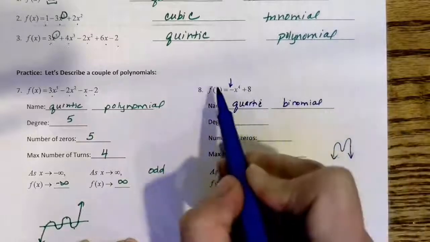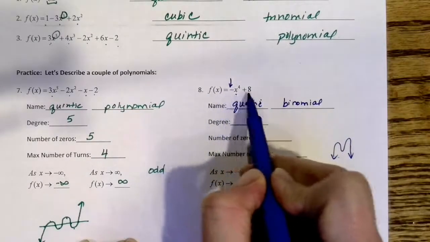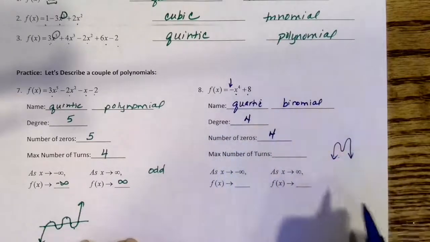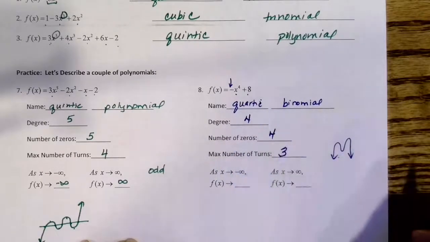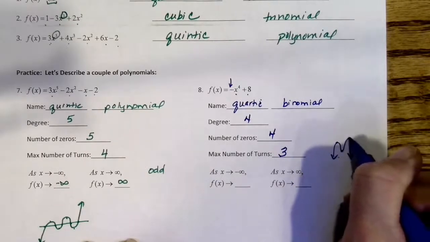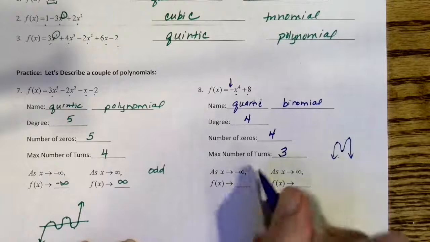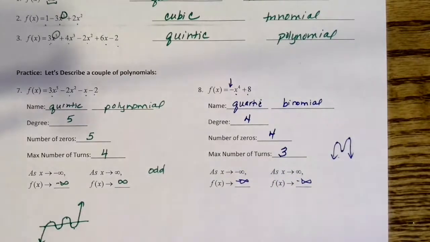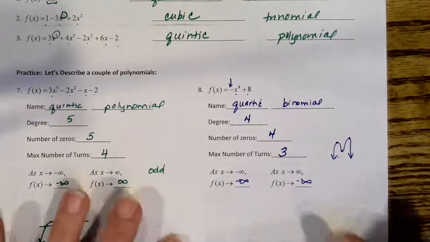It is to the 4th degree with only 2 terms. 4th degree, 4 possible zeros, and 3 turns. Here's one turnaround, another turnaround, there's my third turnaround. Both of these end behaviors are to negative infinity because of that negative sign.